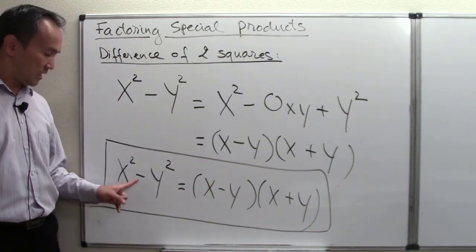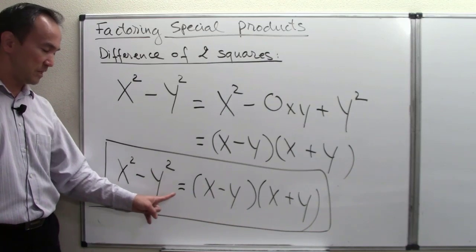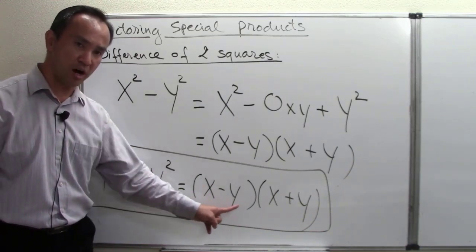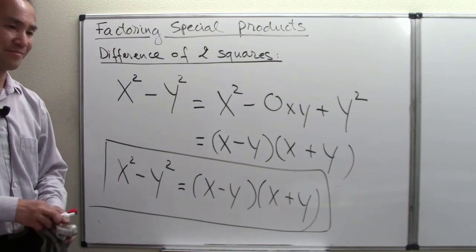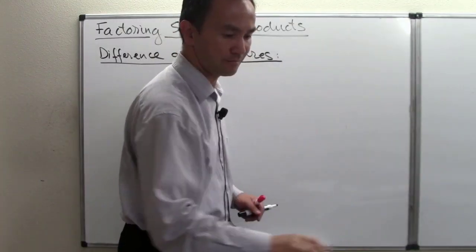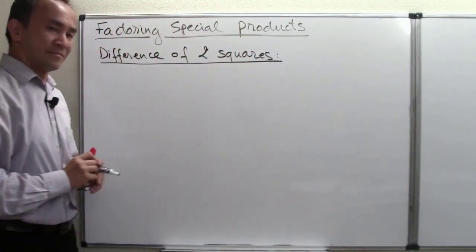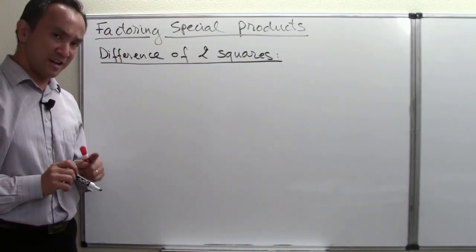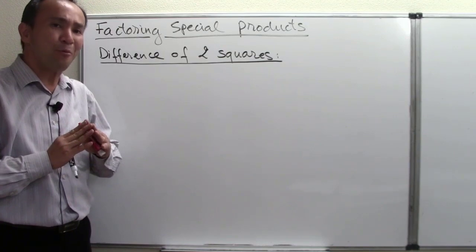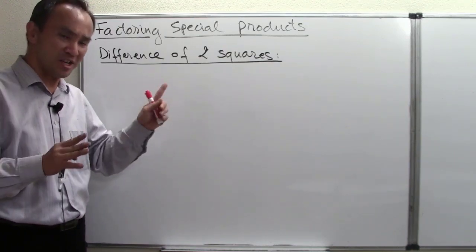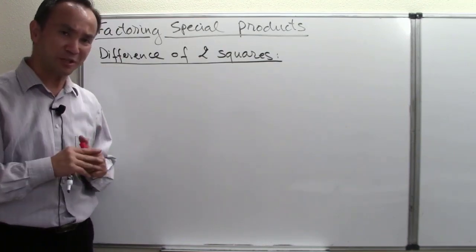All right, so the difference of two squares will be factored easily into x minus y in parentheses times x plus y. All right, so let's now look at an actual problem so that we can learn how we can apply the difference of two squares in some real-time factoring problem.